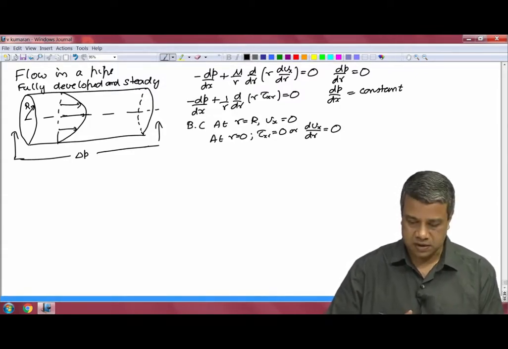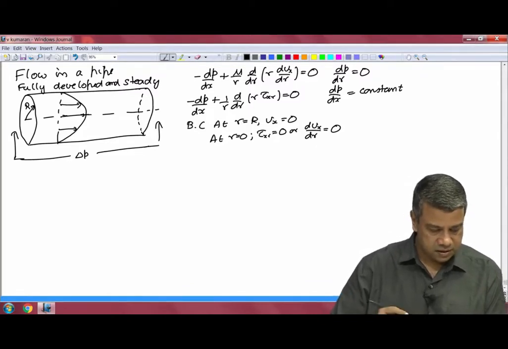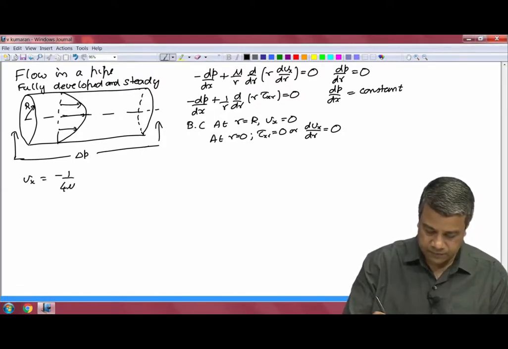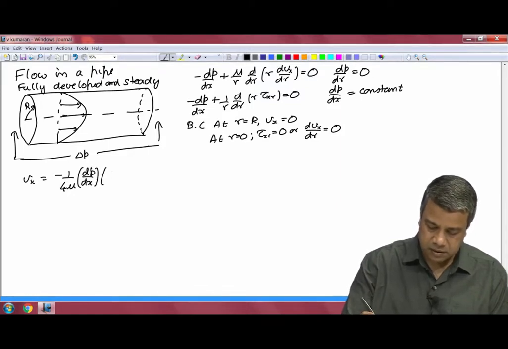So, these were the two conditions, and we had solved this to get Vx is equal to minus 1 by 4 mu dP by dx into (R square minus r square).